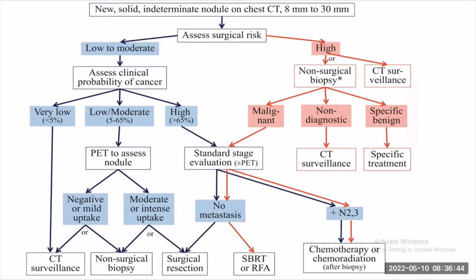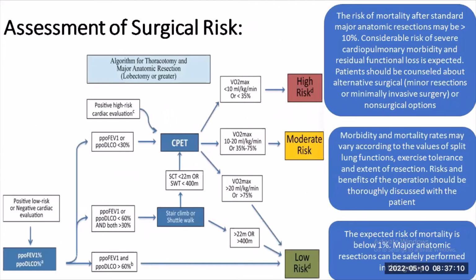But if it's low to moderate, then we need a PET, and then PET will decide whether surveillance or non-surgical biopsy is required. If it's high, again PET. If there is no metastasis, we can directly go to surgical resection, no biopsy required, or we can directly go to SBRT or RF. If it is high risk as per surgery, we can either go for a non-surgical biopsy or we can go for CT surveillance.